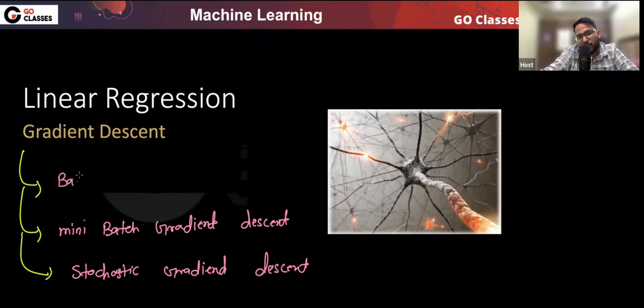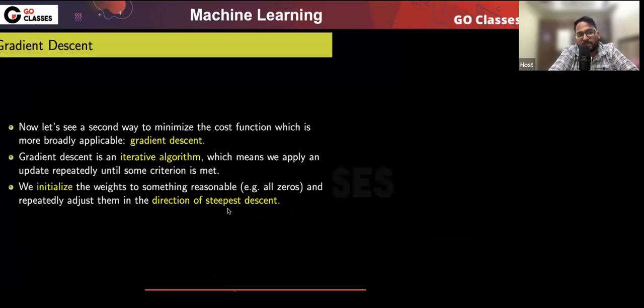Some people call whatever we have seen gradient descent, and some people call it batch gradient descent. Whatever we have seen was batch gradient descent. So we will see the variations of gradient descent also. Okay, so let's just get started.